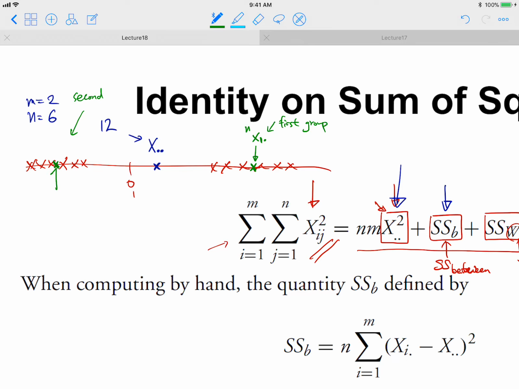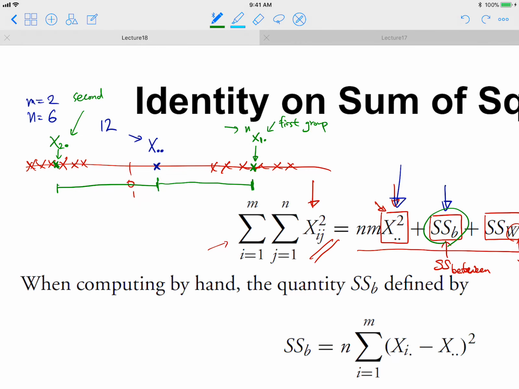SSB, if you remember, takes the square of this difference 6 times, right? And for this one we do the same thing: we take the square of this value and sum it up 6 times.